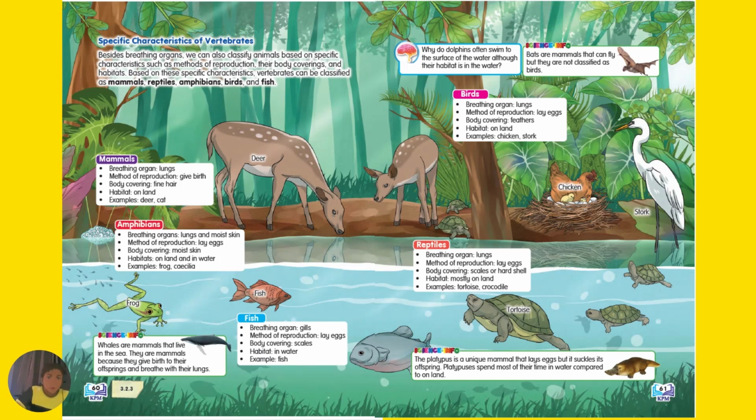Method of reproduction, lay eggs. Ini lagilah tahu. Body covering, moist skin. Badan diselaputi oleh apa? Kulit lembab. Then habitats: on land and in water. Dia boleh hidup di kedua-dua tempat. Examples: frog, cecilia. Okay, biawak macam mana biawak?